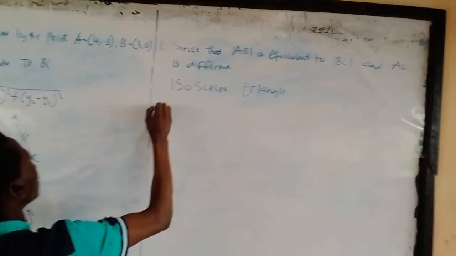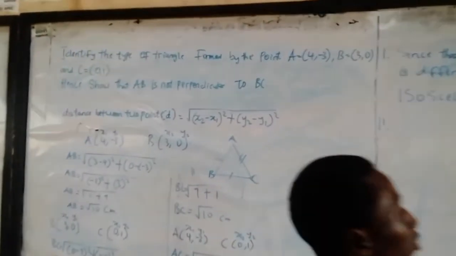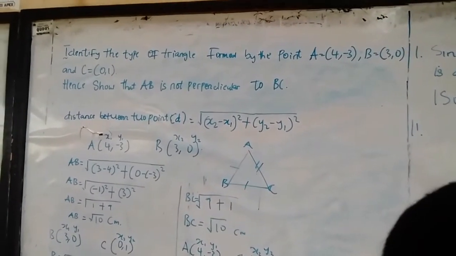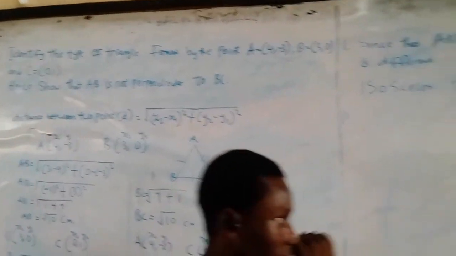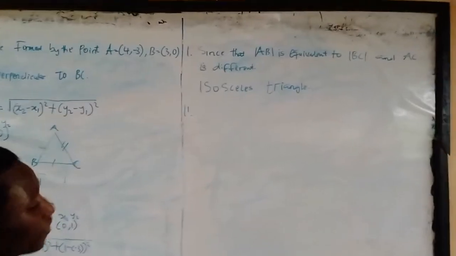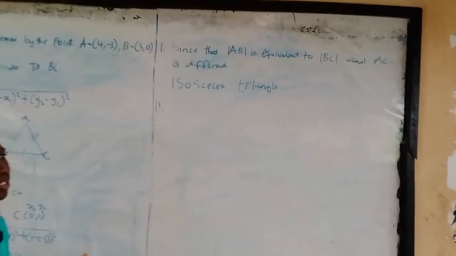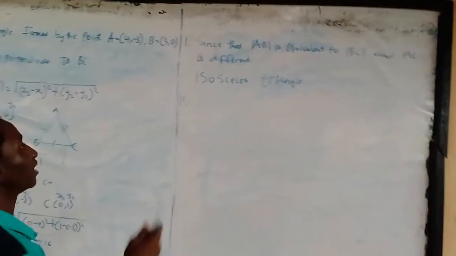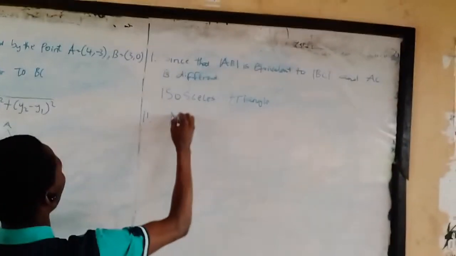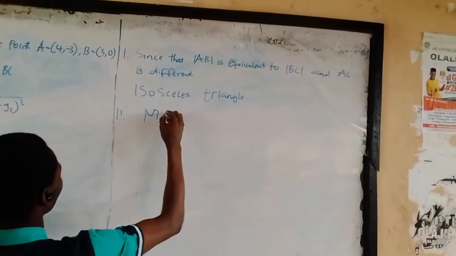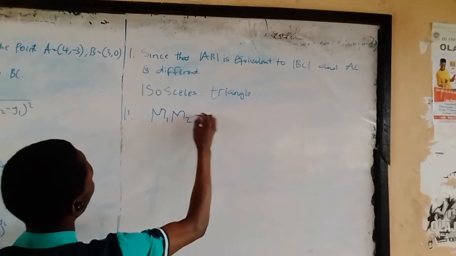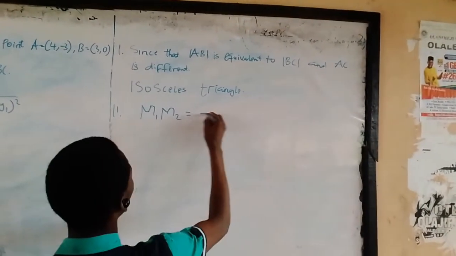So that's the first thing. Next they ask us to show whether AB is perpendicular to BC. That simply means that from our coordinate geometry, for lines to be perpendicular, the product of the gradients of the two sides must be equal to -1.